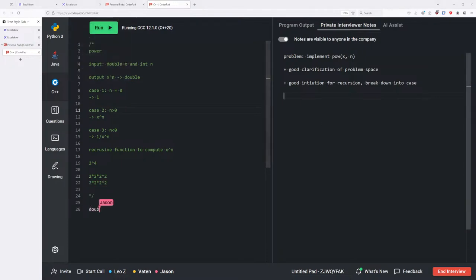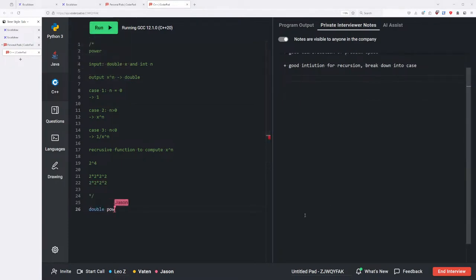Let's do it. Okay, awesome. So our function signature would be, we're going to take a double x and then an int n. And then, once again, if n is 0, then we can just return 1.